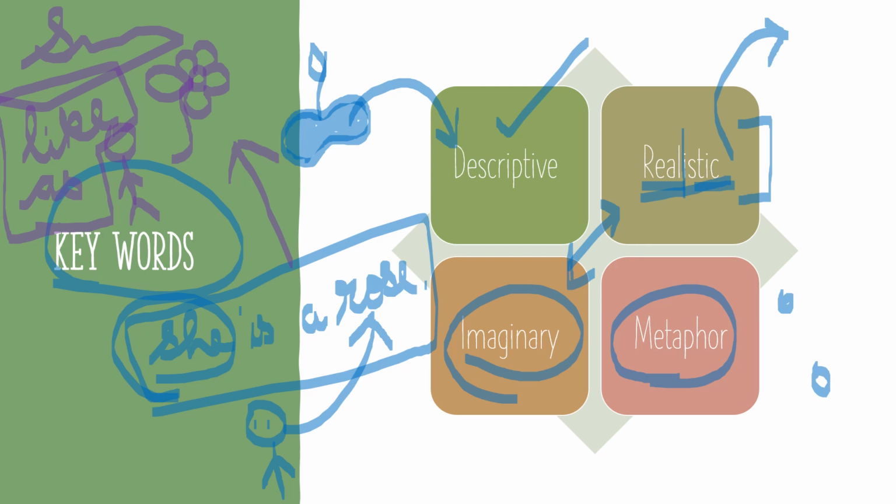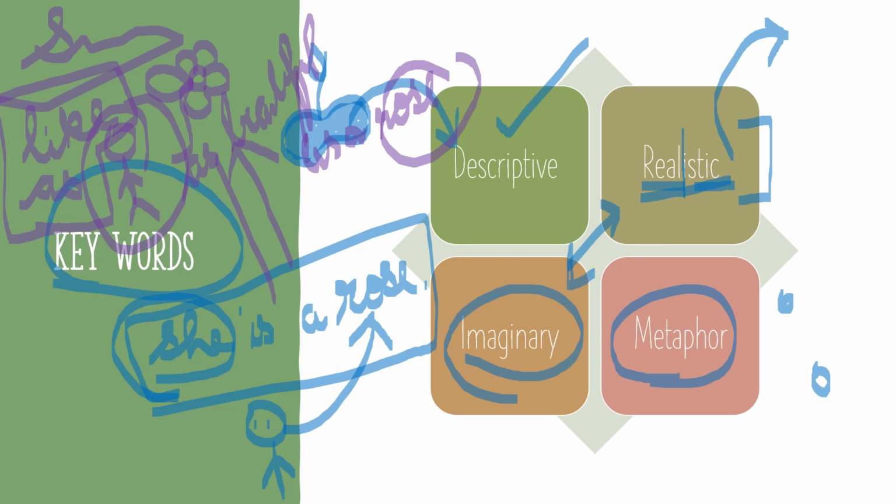If I have to make it a simile, I will say she is as beautiful as a rose. What did I do? I compared a girl with a rose, and this is the similarity. The beauty is the similarity.